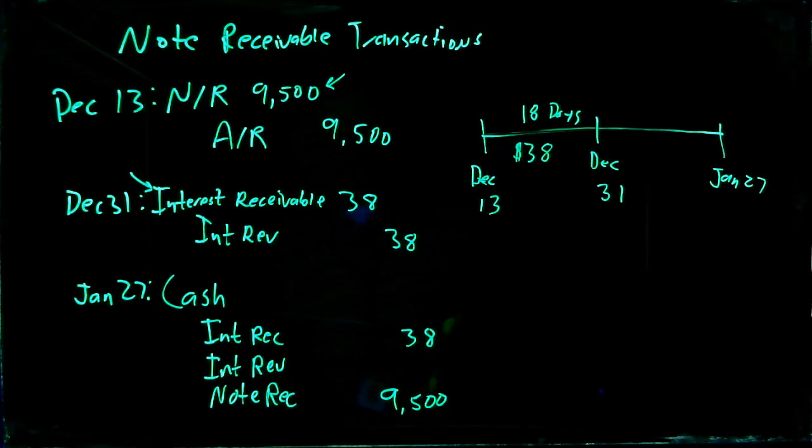Now we know from January 1st through January 27th, that's going to be the remaining days. So 45 minus 18. That is the remaining 27 days of interest.